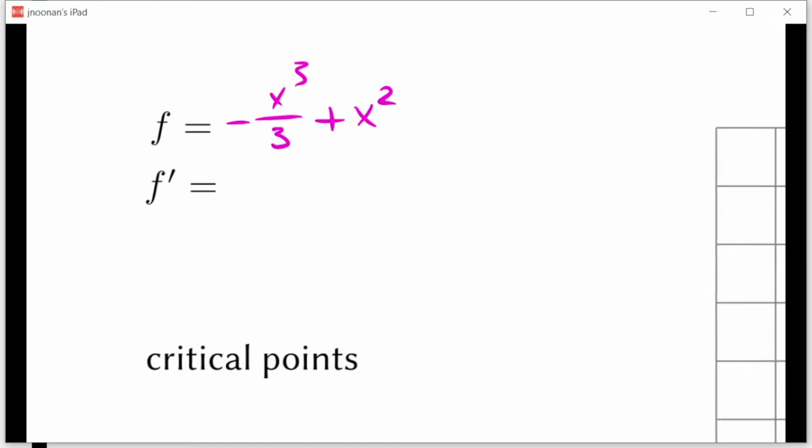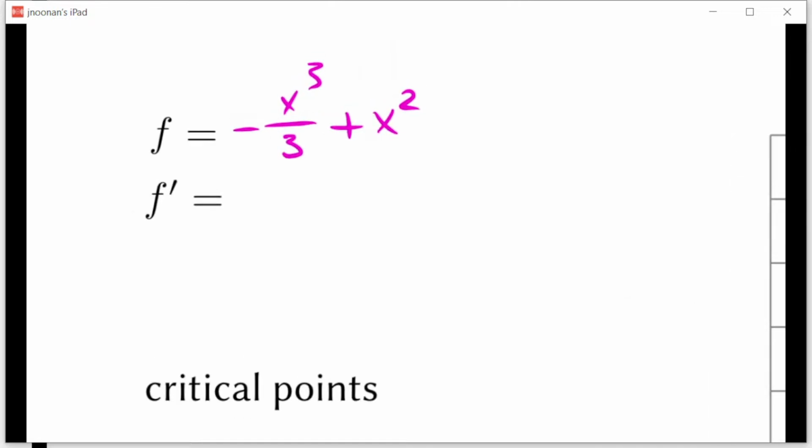I know you all know how to do this derivative, so go ahead and do the derivative. Write it there on the next line, and then we'll pick some people. So Jackson, you know the derivative of this function, don't you? You can do it, just one term at a time.